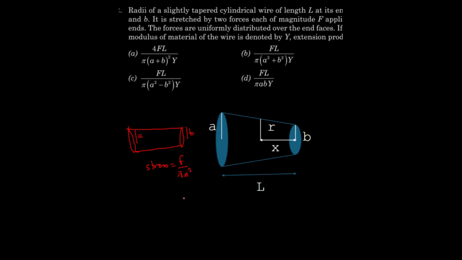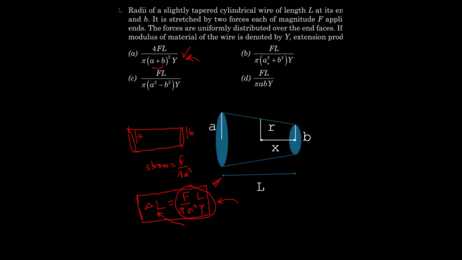If we divide this stress by Young's modulus, we get strain, and strain into original length is delta L. So if A and B become equal, then delta L will be of this value. Only that option will be correct in which, if we put A and B equal, we get this expression. So if we check, put A equal to B here, this expression is similar to this. So option A can be correct.